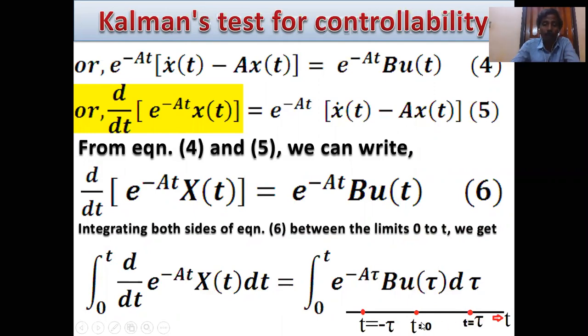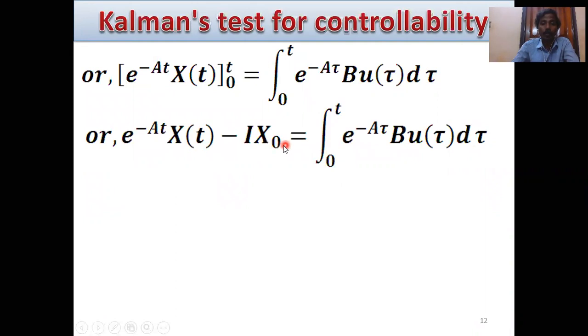This is the initial time t equals 0, this is the final time, and tau is any intermediate point. So from 0 to t total integration, e^(-a tau) b u(tau) d tau. This is the integration form.